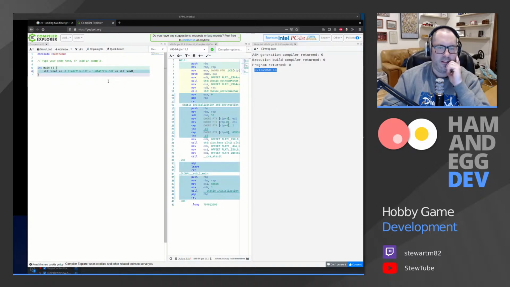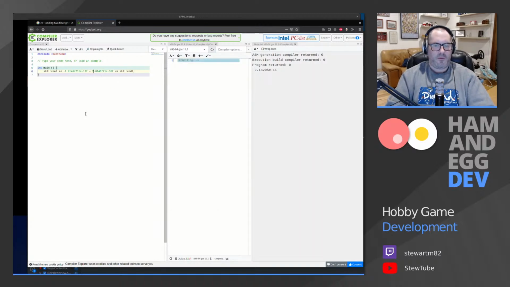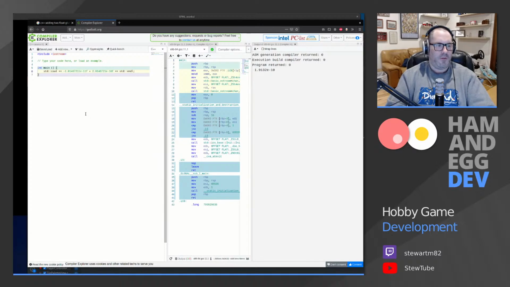So I think this is a floating point issue. Yeah. This is a floating point issue, I think.